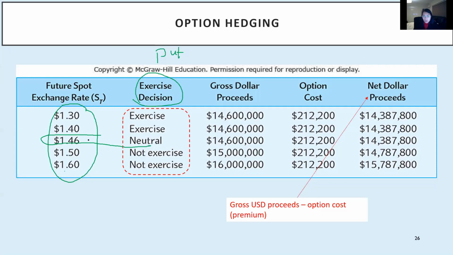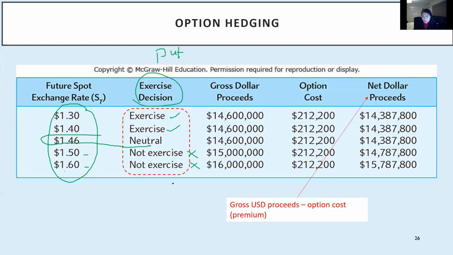So when the spot rate is lower than 1.46, it's good for me to exercise the option, in which case I'm going to exercise. When the spot rate is greater than 1.46, it doesn't make sense for me to sell under the put option. I can go to the spot market and sell at a higher rate instead. So in this case, I'm not going to exercise my option.